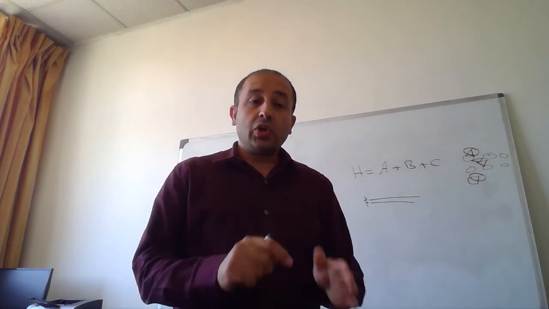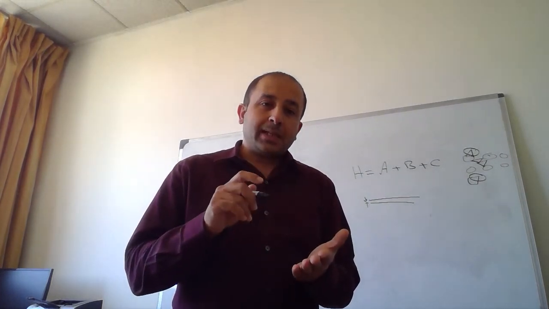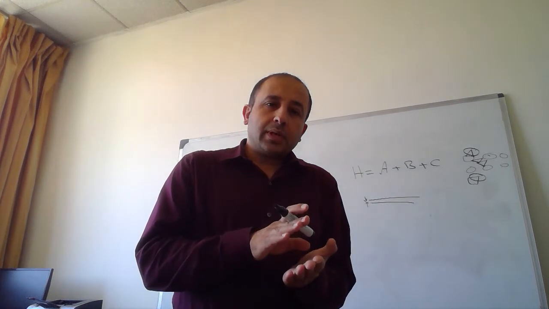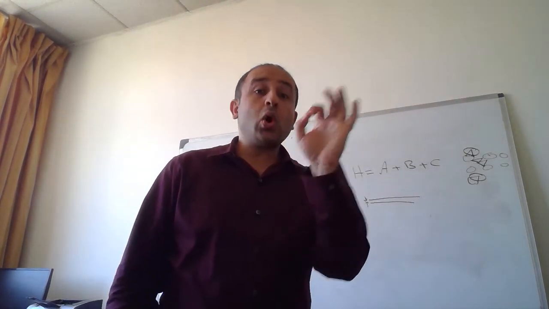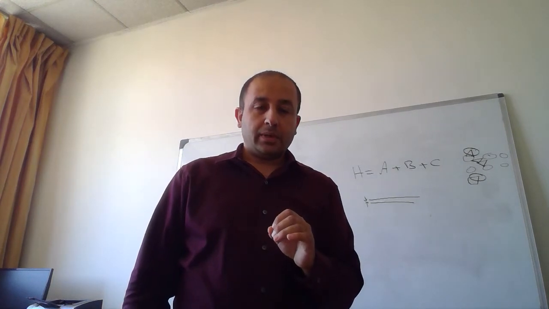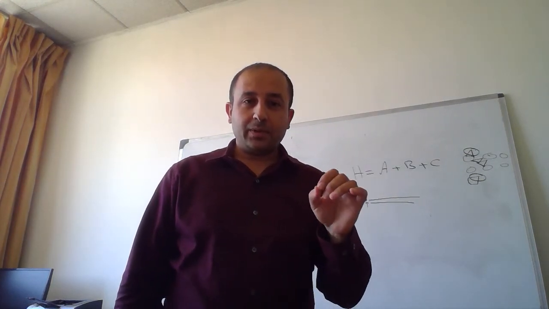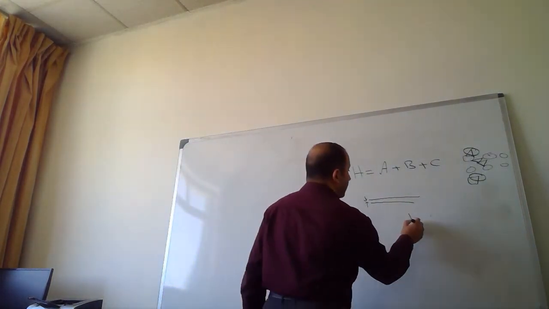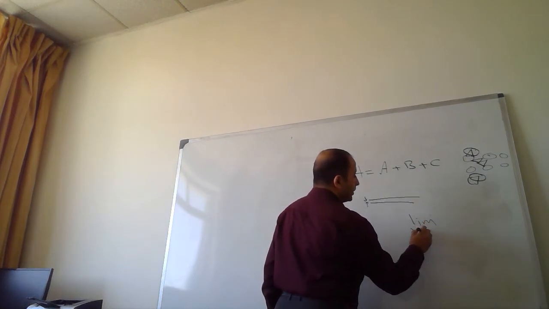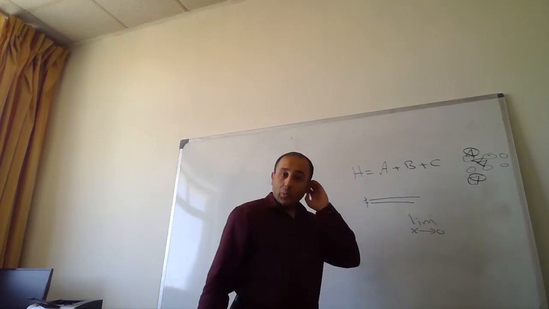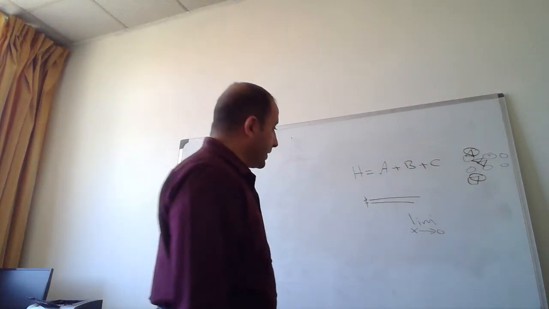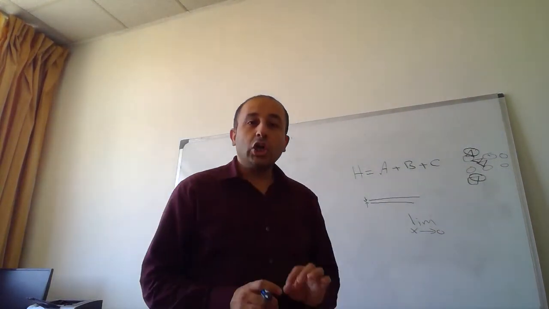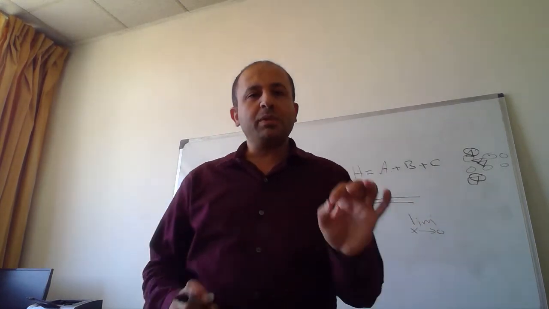Okay, so mathematically, if we reduce the thickness to be almost zero, not zero, almost zero, like the limit in mathematics, when x approaches zero, the thickness approaches zero, then longitudinal diffusion mathematically will be zero.